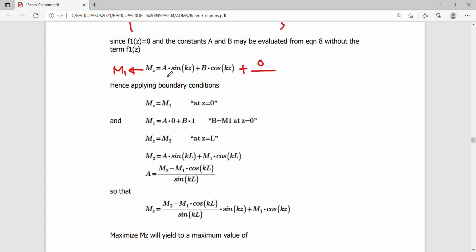If I take the boundary z at 0, the sine of 0 is simply 0, and the cosine of 0 here is simply 1. So M1 now is simply 0 plus b, such that your b becomes M1 at z equals 0. So at the other boundary, which is at z equals L, your Mz is now M2.